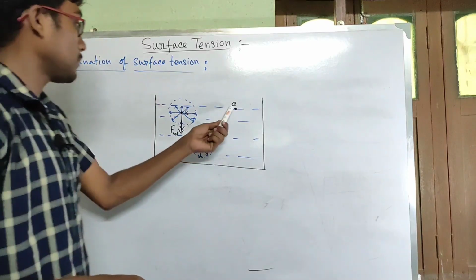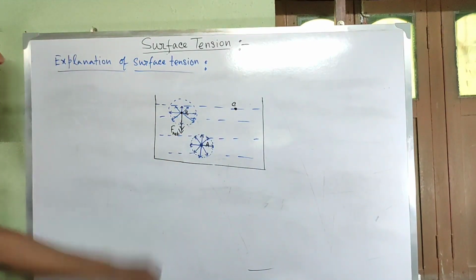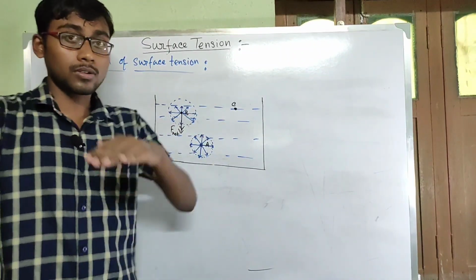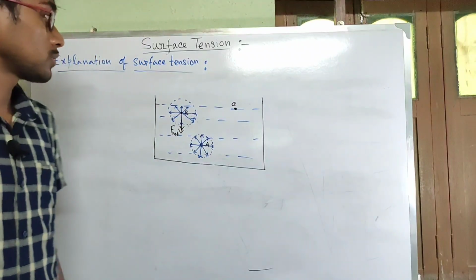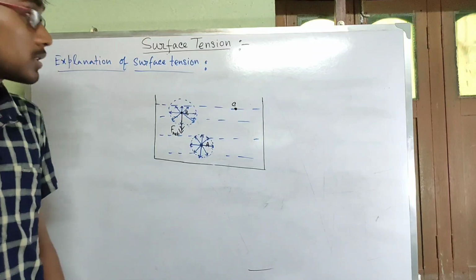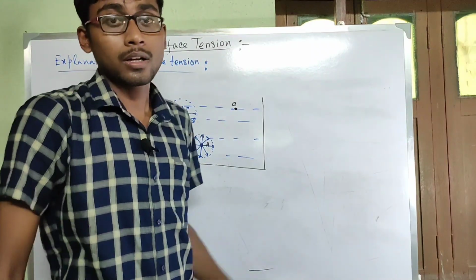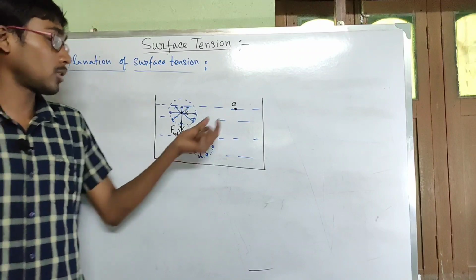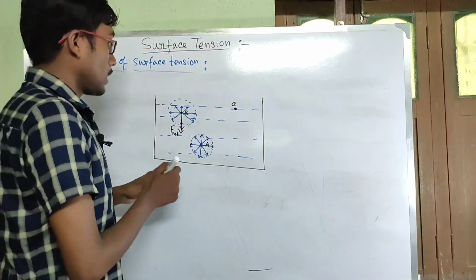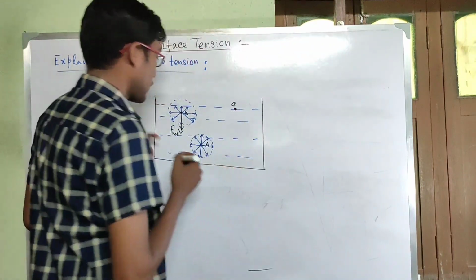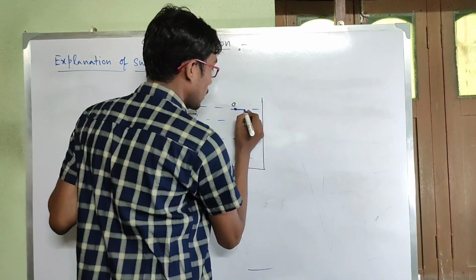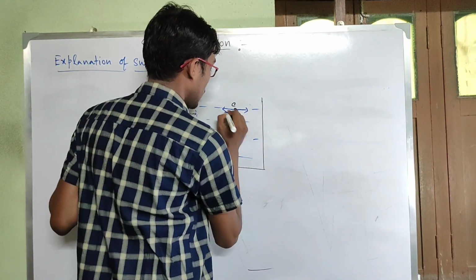Next we see the molecule C. Here the molecule C is on the surface of the liquid, so there is no particle on the top of the molecule. All the particles are at the bottom, so the force of attraction on the molecule C is only in the downward direction.